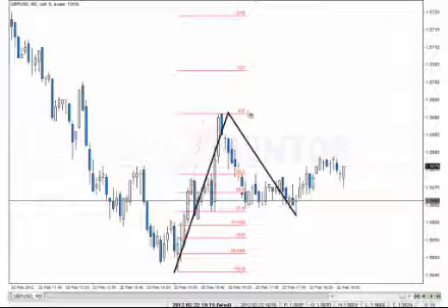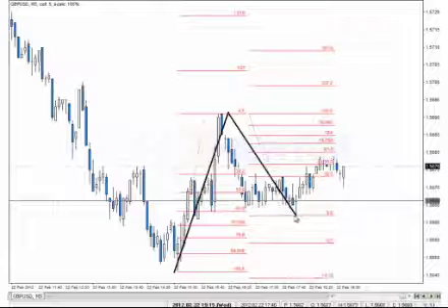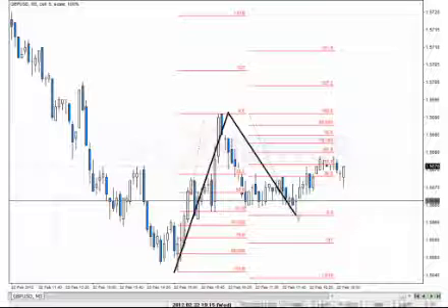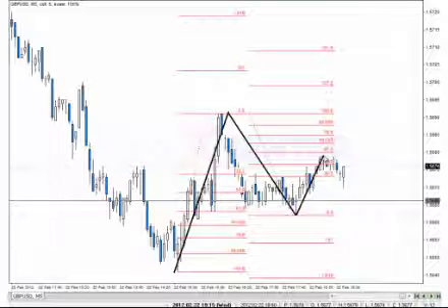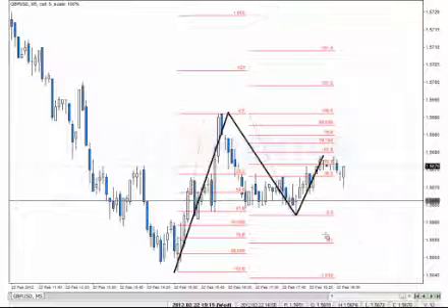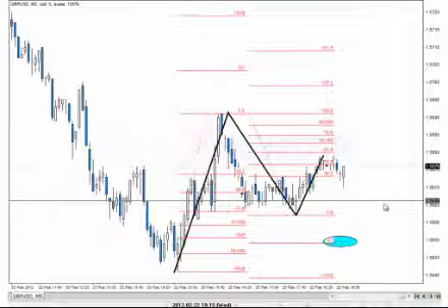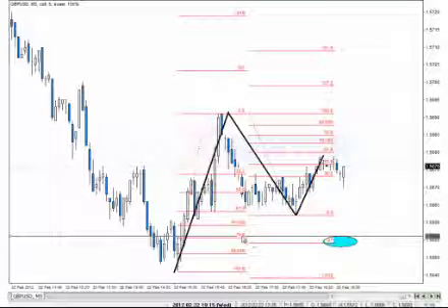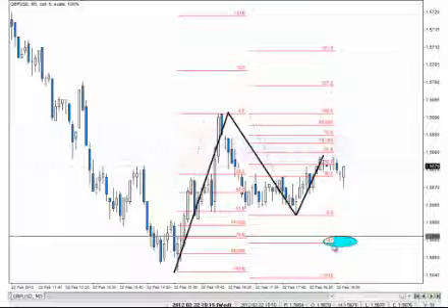Once it starts to rally, draw your Fibonacci tool in from the high down to that low. You can see price starts to retrace, and have a look at what we have setting up right here. I'm going to move this line down. We have a bullish Gartley on the 5-minute chart, 79 with the 127 extension.